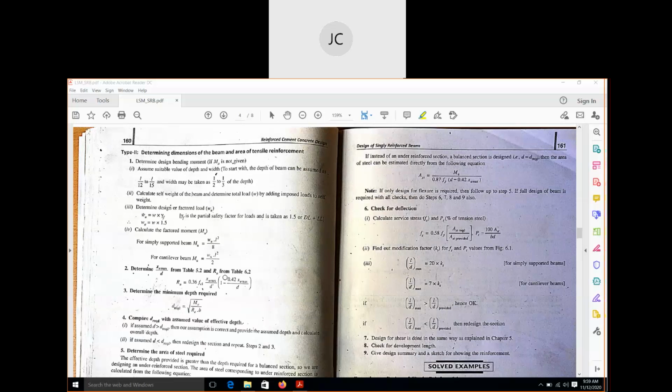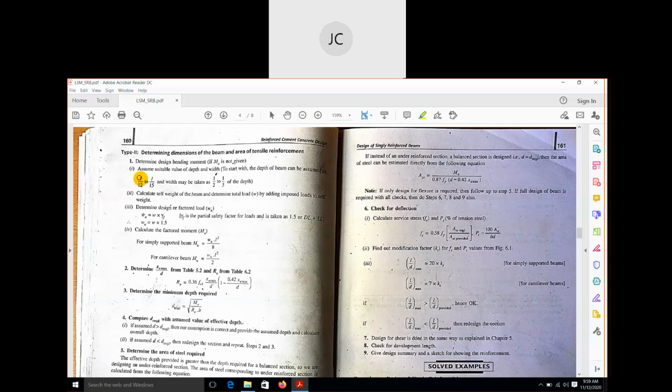Yes, sir. Okay. Here you can see, assume suitable values of depth and width. First we have to assume it because the values of width and depth are not given, and if we don't assume these values, we cannot proceed to the next step. To start with, the depth of the beam can be assumed as L by 12 to L by 15. Always remember this L is your center to center distance, not the clear span.